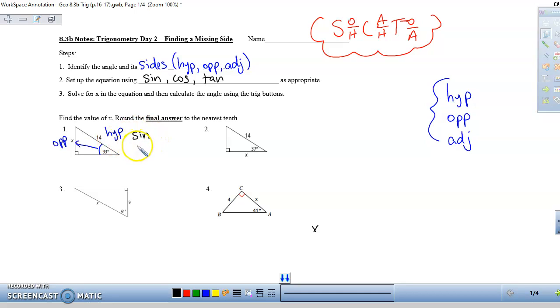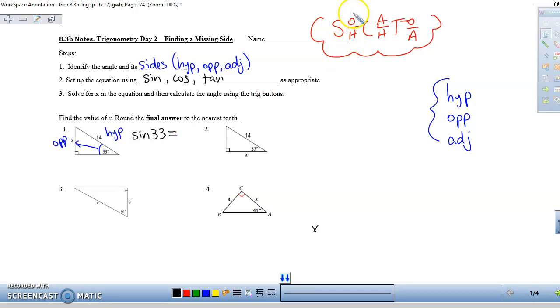So to write the equation, with the trig function, you always put the angle. So 33 degrees would go with sine. And then we set that equal. And then on the other side is always going to be your ratio. And for trig equations, we're going to write that as a fraction generally.